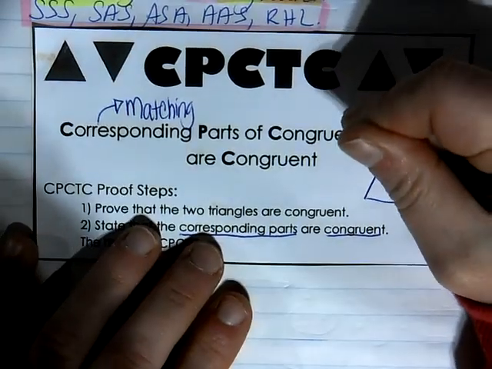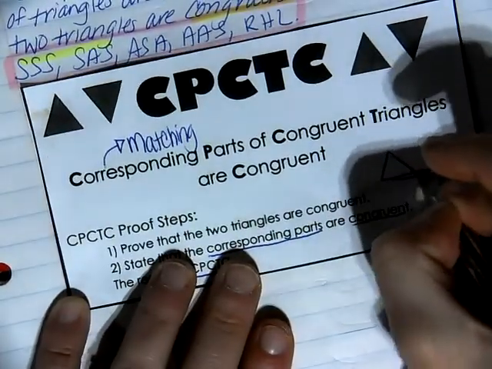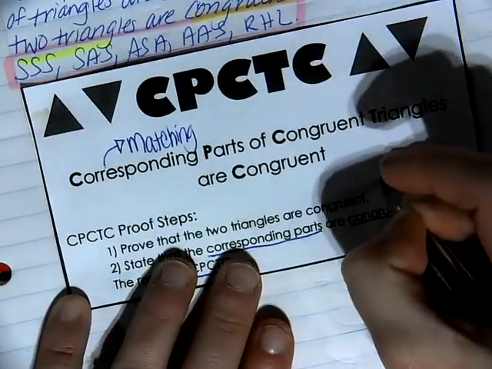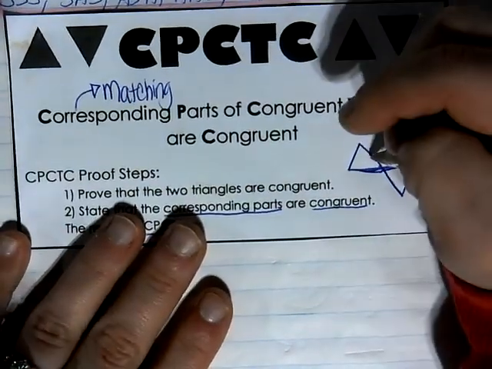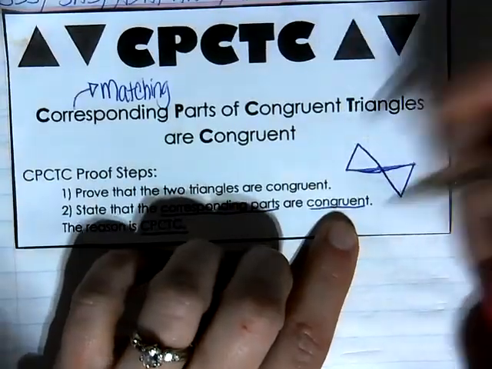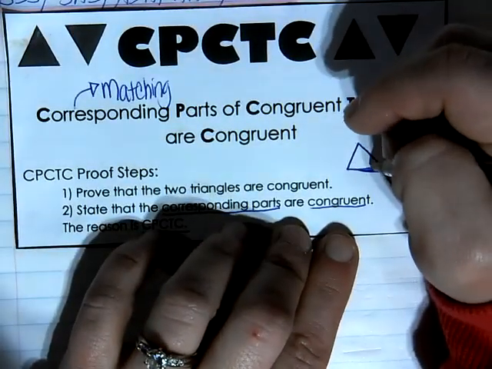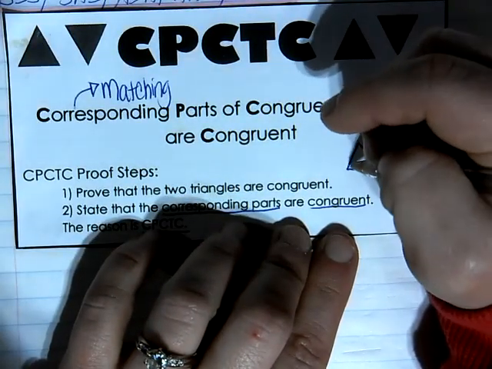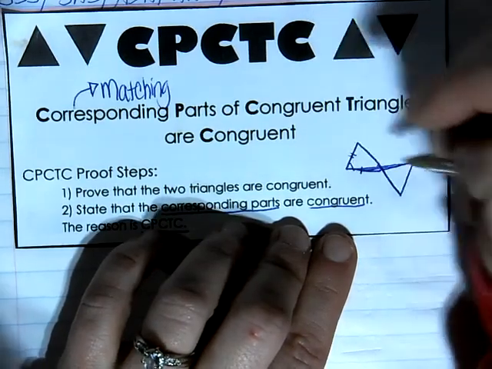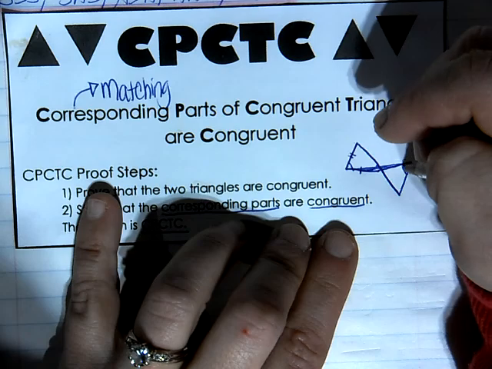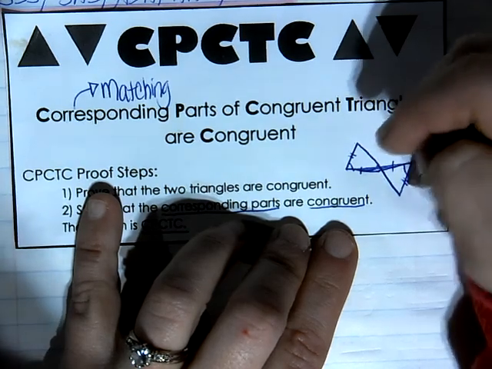Forgive this awful drawing; just pretend it looks like 2 congruent triangles. Let's say we know they're congruent by angle, side, angle, and you prove that these 2 triangles are congruent by angle, side, angle.